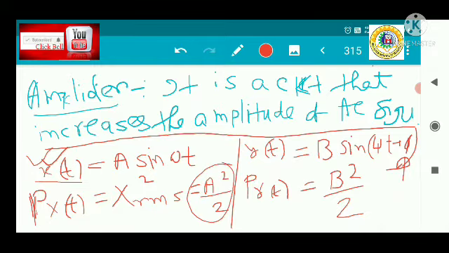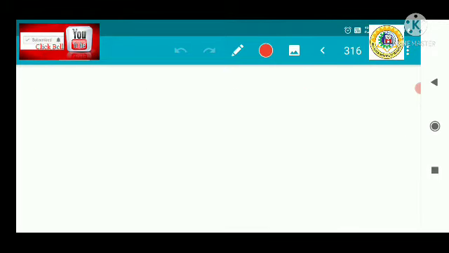And in the communication system you will also have heard that for any kind of modulation, whenever you use the carrier signal, the carrier power is represented by amplitude square divided by 2. So here there are two parts, A square divided by 2 and B square divided by 2.